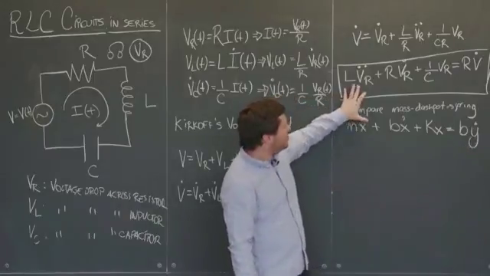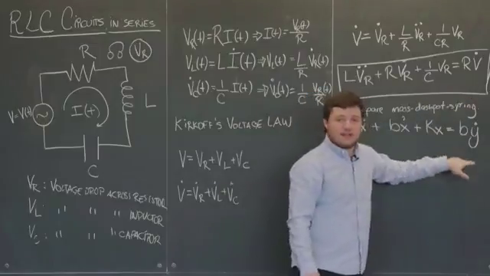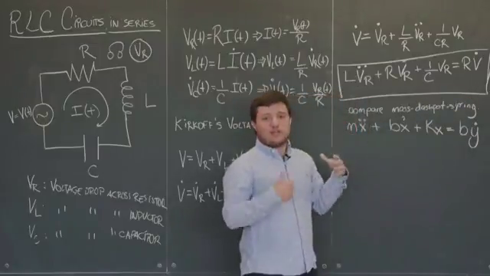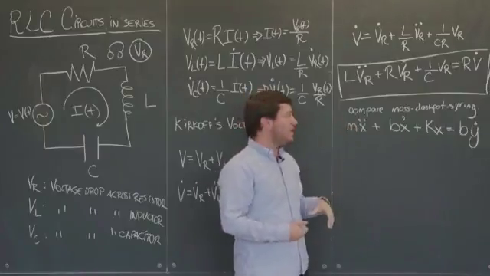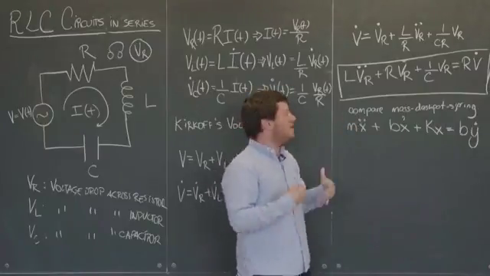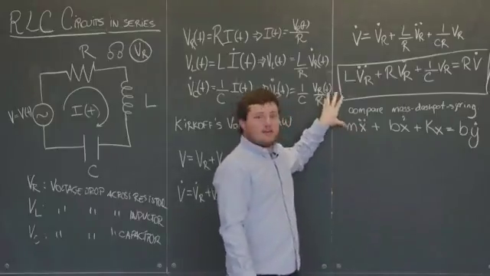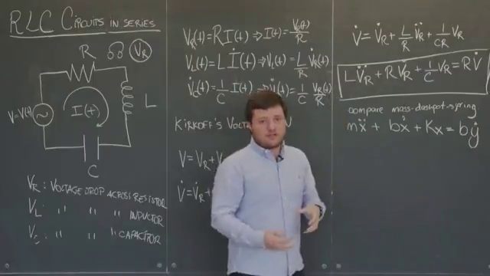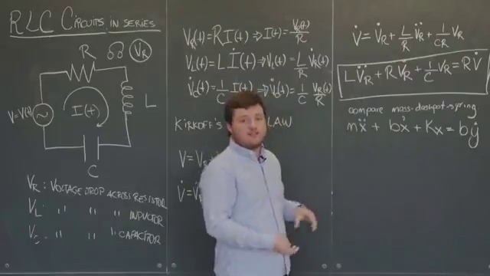So we can match each term and they all look the same. So these two equations have the exact same form, meaning that their solutions are of the same form. And that's a very important result, that RLC circuits can be modeled by the same equations that some physical systems are modeled.